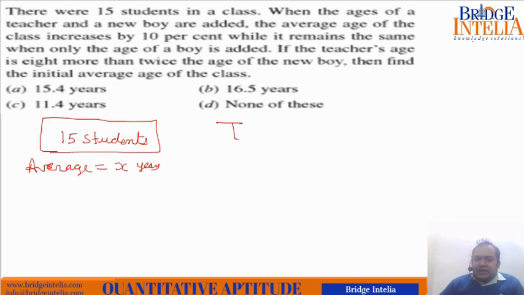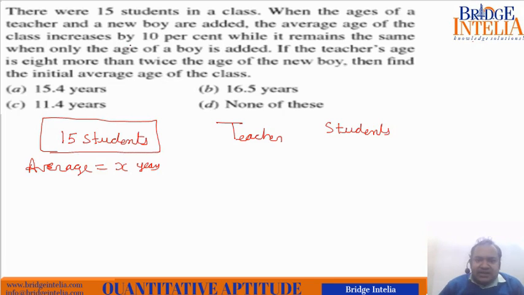A teacher and a student joined. Now they are trying to join this group. If somebody joins or leaves the group, the average has to be recalculated to see if there is any change in average.